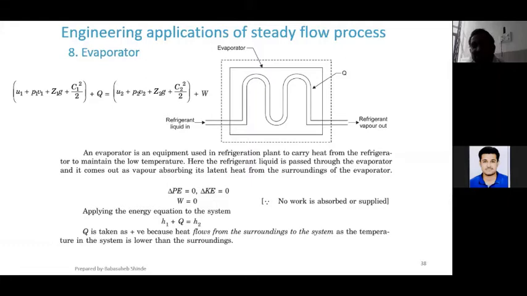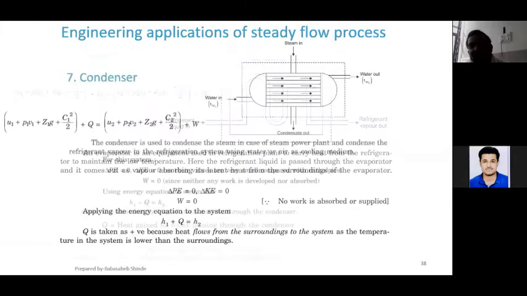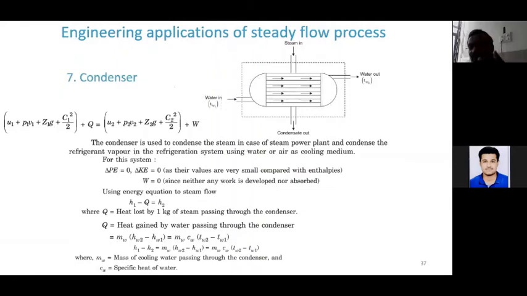evaporator. The function of evaporator is absorbing heat from the food that we have kept in the refrigerator, whereas the function of condenser is to release that heat absorbed by the evaporator to the atmosphere. So both are going to have similar function, but in case of evaporator, heat is going to be input to the system. It is going to absorb the heat.